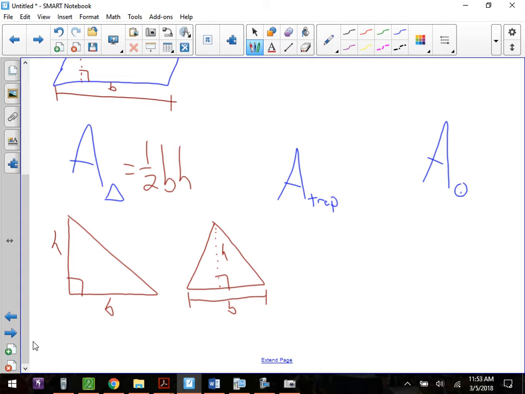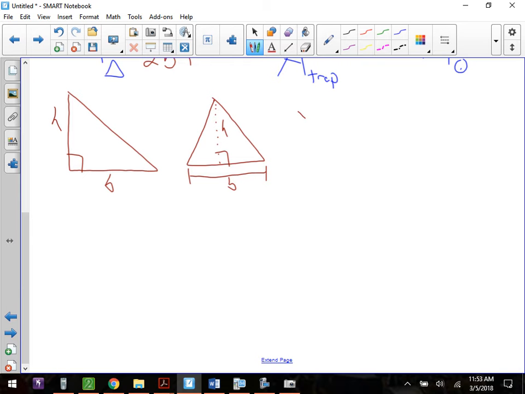And then the weirdest looking one is the obtuse triangle, where a lot of times the height is drawn outside of it. I'll show you an example, you guys will catch on right away. If you have an obtuse triangle, they'll draw that height, that perpendicular, with the dotted line on the outside.